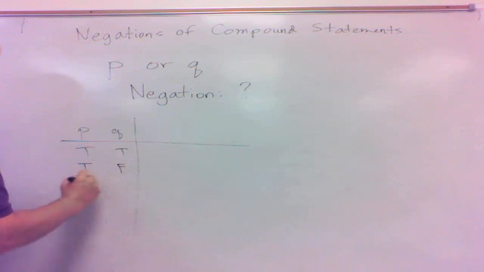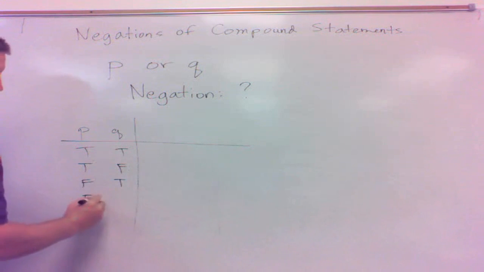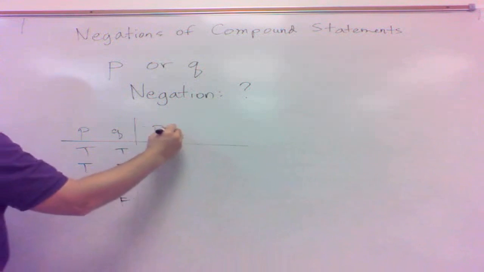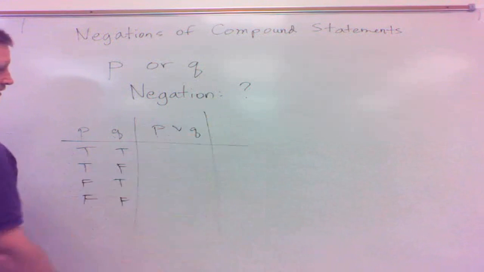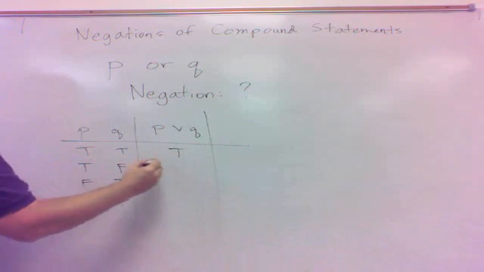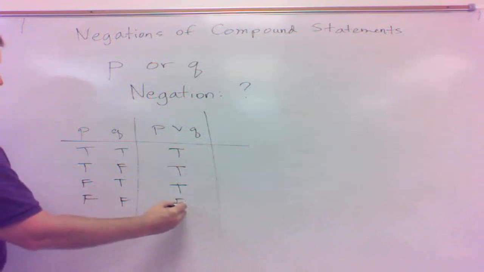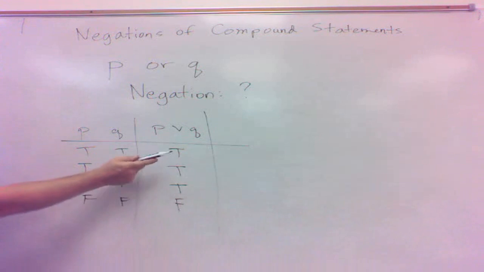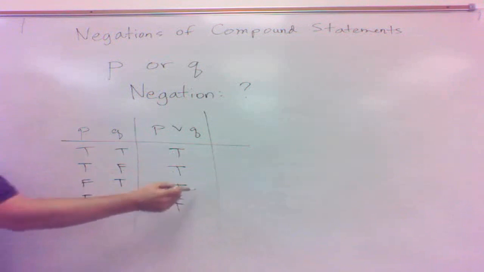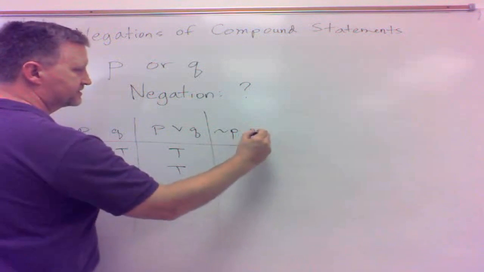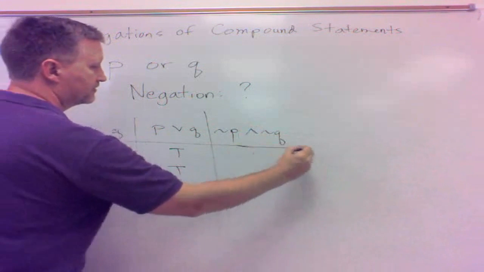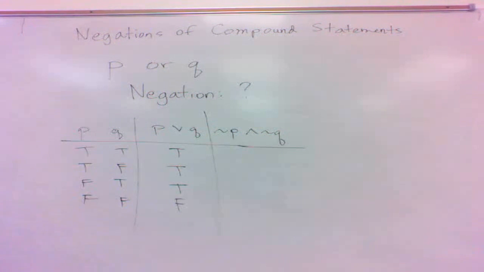True, true, true, false, false, true, false, false. Or those together: true or true is true, true or false is true, false or true is true, and false or false is false. So the negation is going to be false, false, false, true. Let's see if that is this: negate P, negate Q, change or to and.